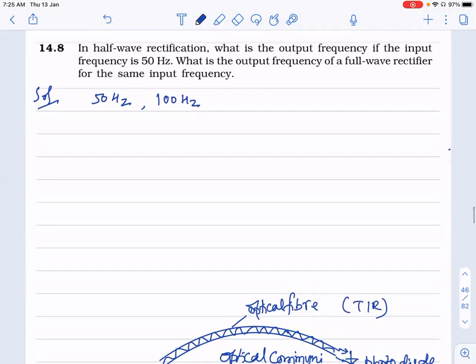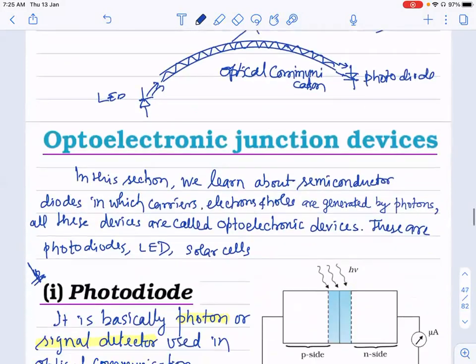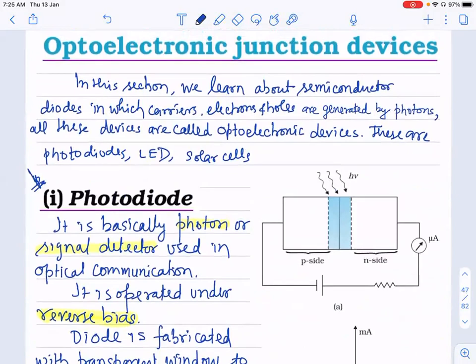Now we can see further diodes. ये कौन से डायोड से? जनरल पर्पस डायोड से। Now we see the specific purpose diodes which are designed for certain other jobs. So there are optoelectronic junction devices.